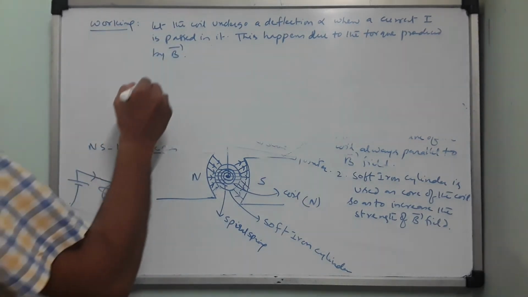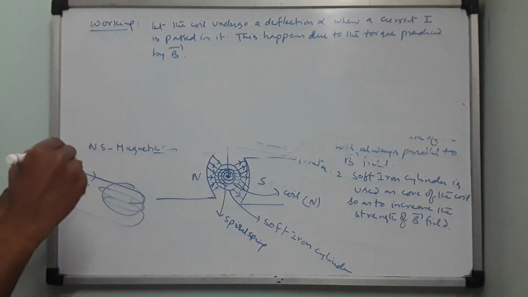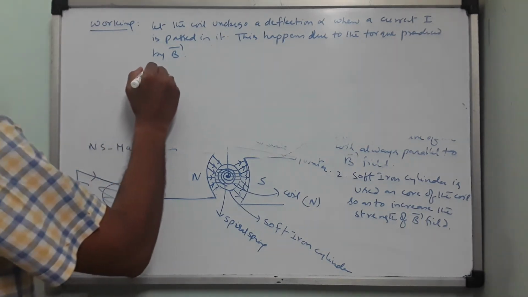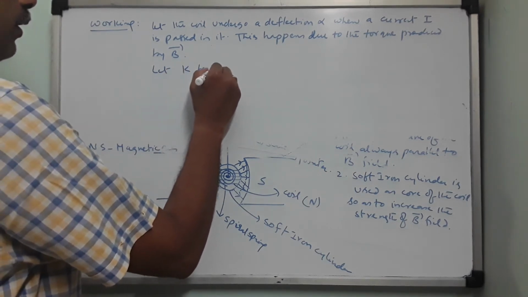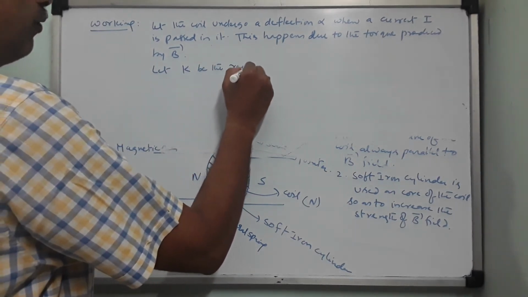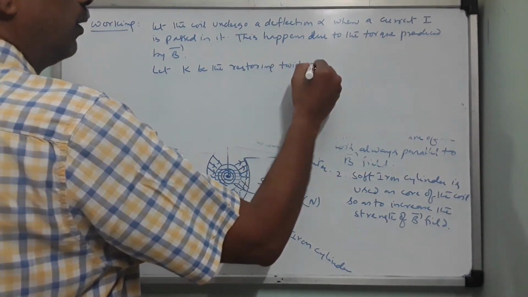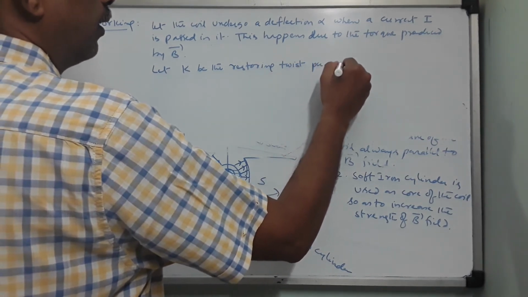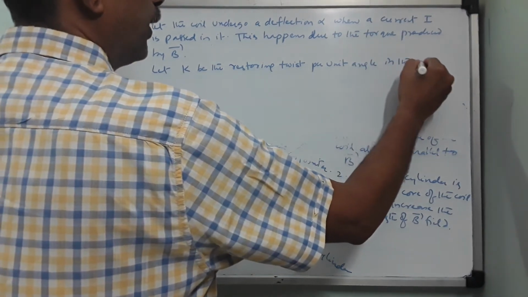Okay, let K be the restoring twist per unit angle in the spring.